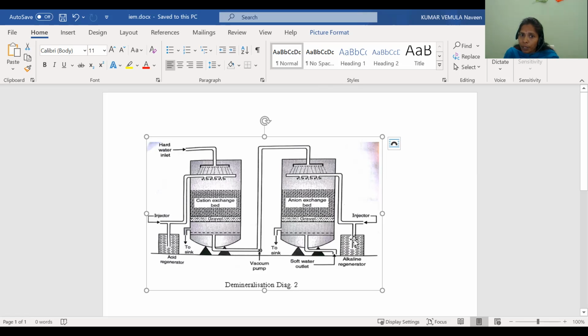These OH- ions are replacing the Cl-, nitrates, bicarbonates. So that means again we are getting ROH. What is ROH? Anion exchange resin. So like that we are regenerating the cation exchange resin and the anion exchange resin.